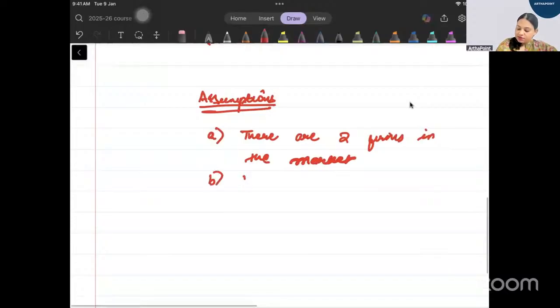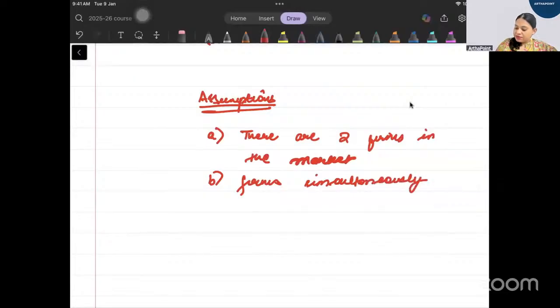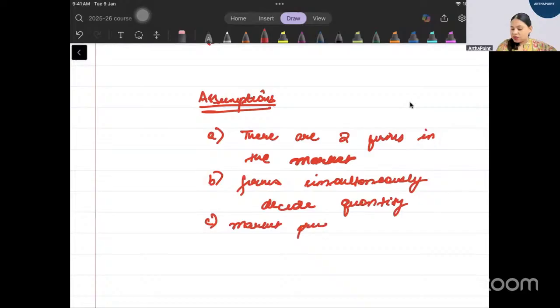But for what I am going to solve right now, I will assume two firms in the market. Second, firms simultaneously decide on the quantity. And third, market price depends on the total quantity sold.